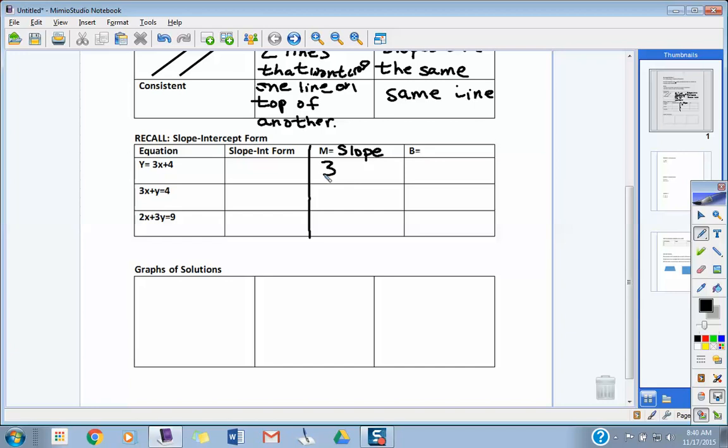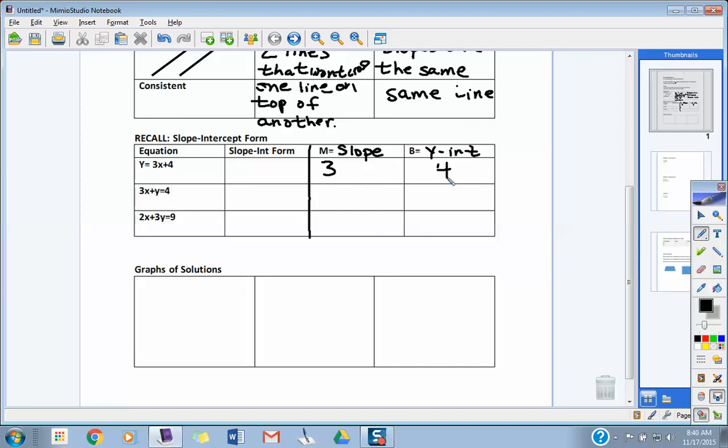Okay. How about the y-intercept here, kiddos? What's that value? Where are we going to start? 4. Okay. So b represents the y-intercept. The intercept's 4. Second equation. In slope-intercept form? No. Let's rewrite it so it is in slope-intercept form. Let's get y alone. So what do you have to move out of here, kiddos?